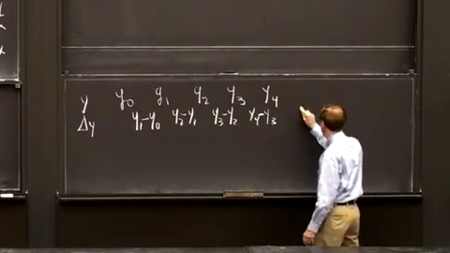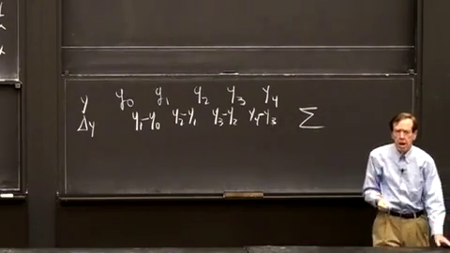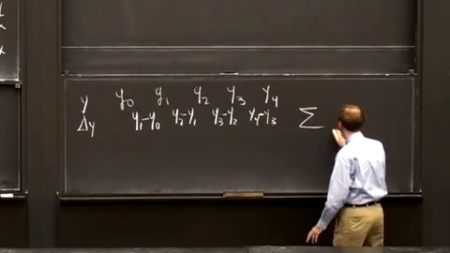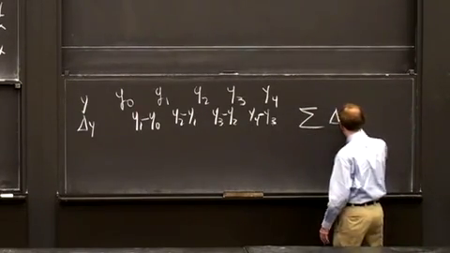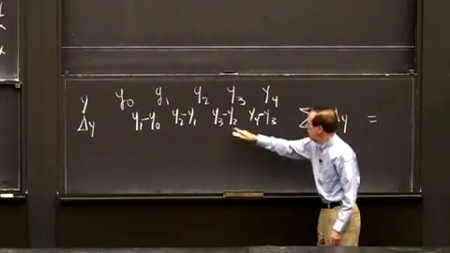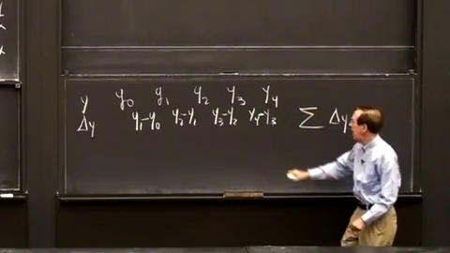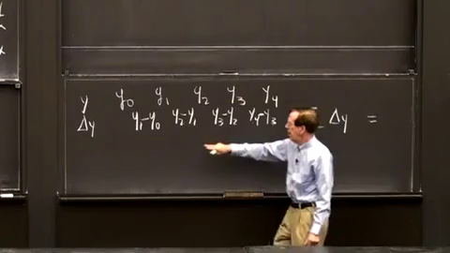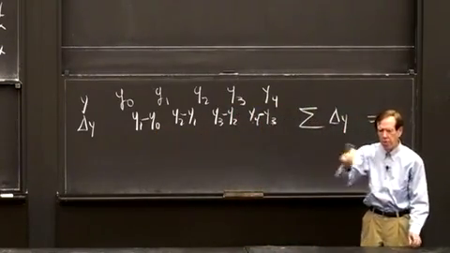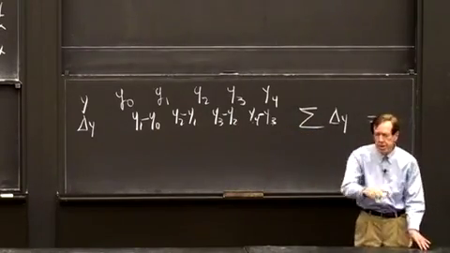So the sum of these delta y's is what? It's what happened after all those cancellations. Did everything cancel? No way. y4 is still there, minus y0 is still there. So it was y4 minus y0, the last y minus the first y.